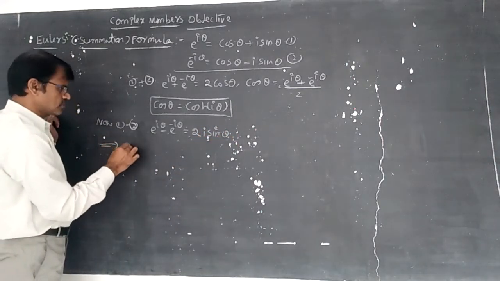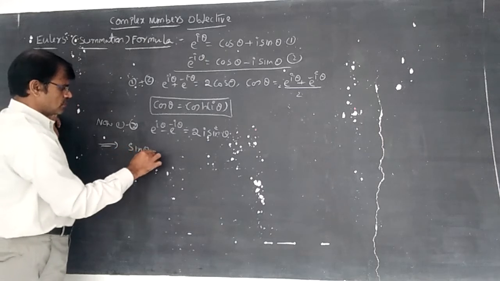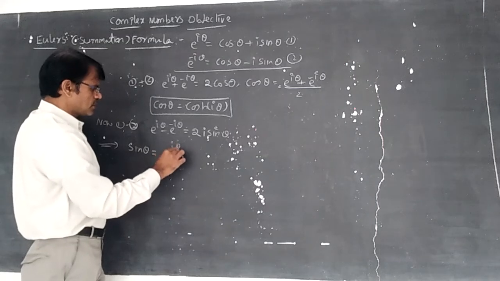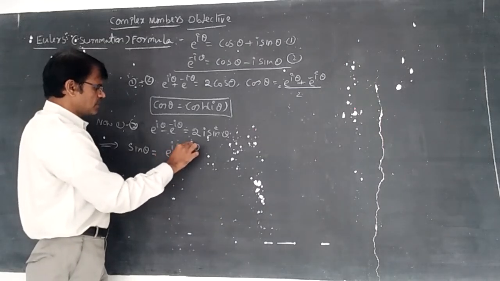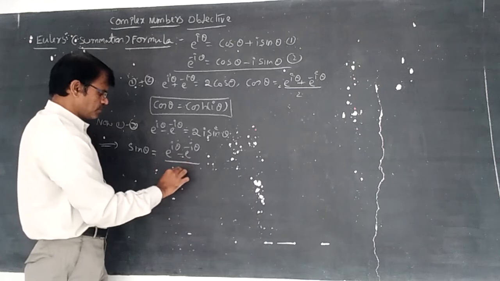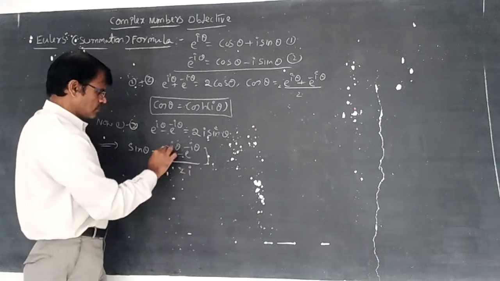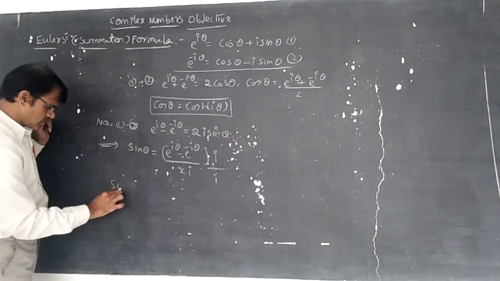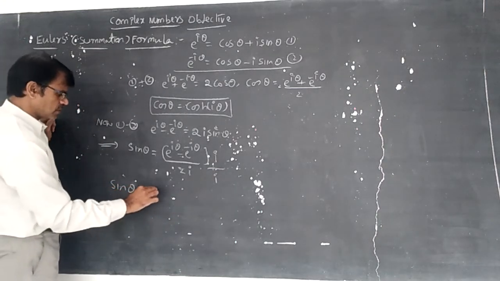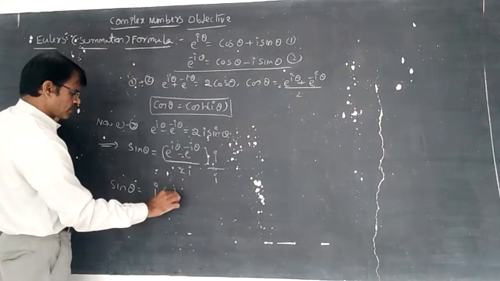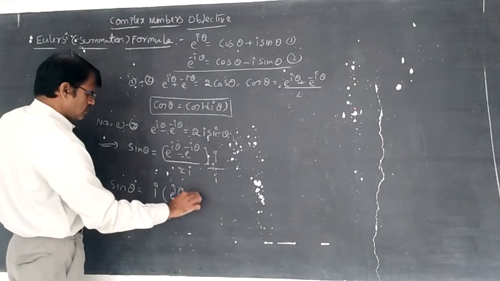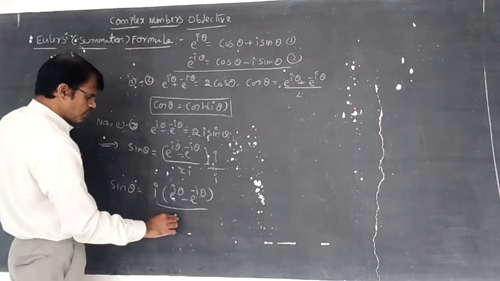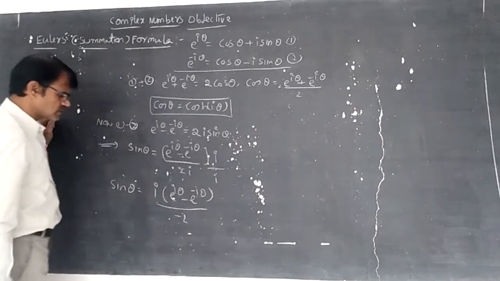That implies sin theta is equal to e power i theta minus e power minus i theta by 2i. Here multiply and divide with i. So sin theta is equal to i into e power i theta minus e power minus i theta whole by 2i square. 2i square becomes minus 2.